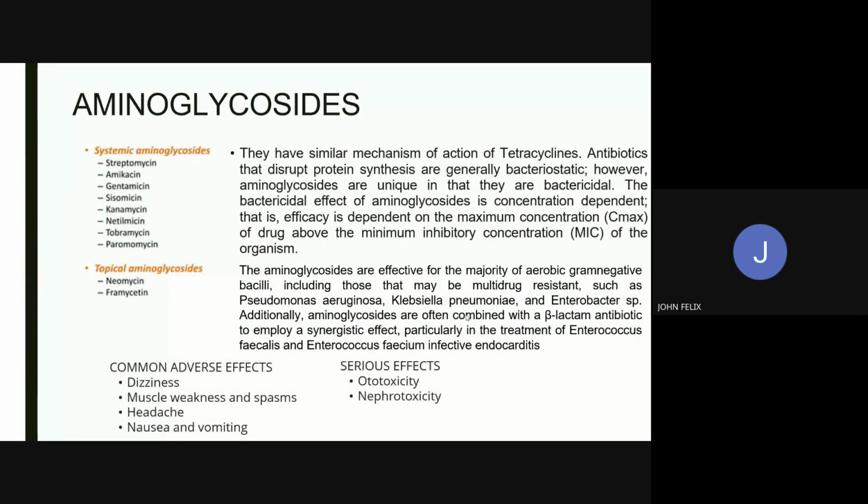The only difference is that tetracyclines and tigecycline give a bacteriostatic effect, whereas aminoglycosides give a bactericidal effect. Aminoglycosides cover only gram-negative organisms. They are sometimes combined with beta-lactam antibiotics to give a synergistic effect. The common adverse effects are dizziness, muscle weakness, spasm, headache, nausea, vomiting, and the serious effects may include ototoxicity and nephrotoxicity. Next slide.